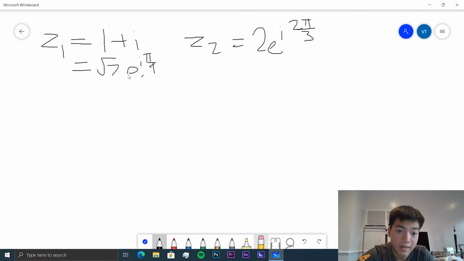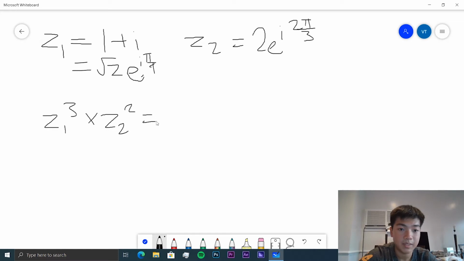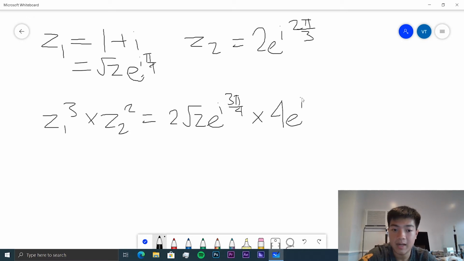Now we can do our equation. z1 cubed times z2 squared is equal to 2 root 2 e to the i 3 pi over 4 times 4 e to the i 4 pi over 3, which is equal to 8 square root 2 e to the i, where 3 pi over 4 plus 4 pi over 3 is 25 pi over 12.